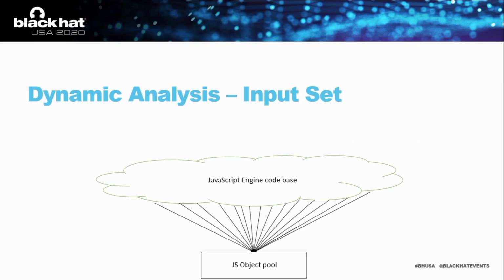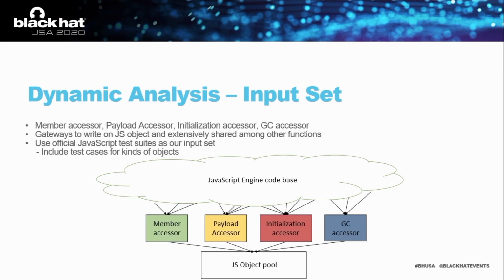In order to find all of the functions involved in JavaScript objects, it is best if our input set guarantees full coverage, but that's impossible. So we studied the script engine and found that those functions have commonalities, and we can categorize them into 4 accessor functions.